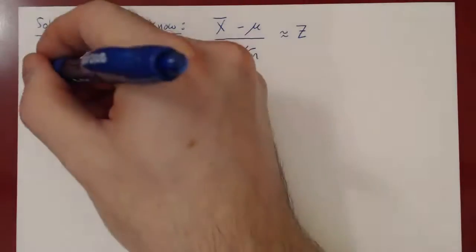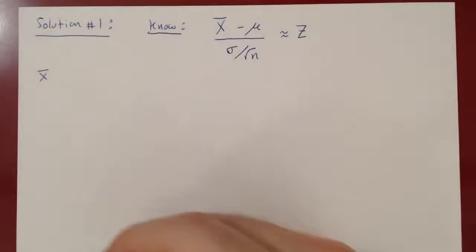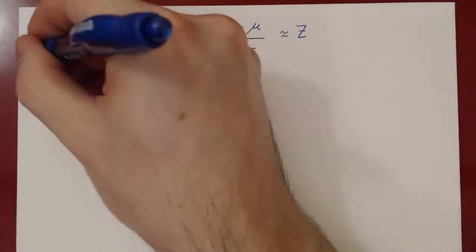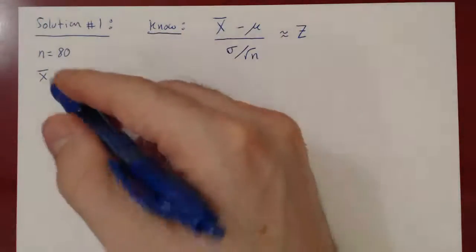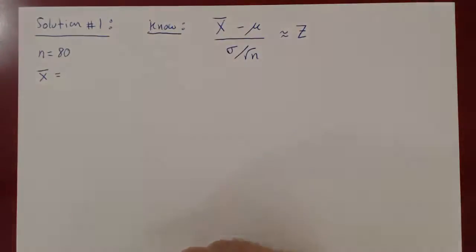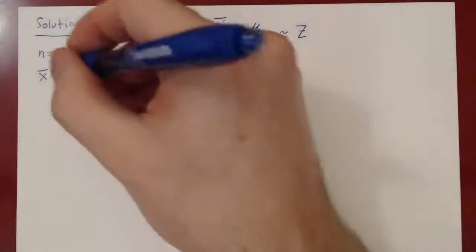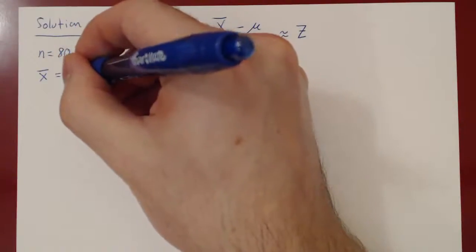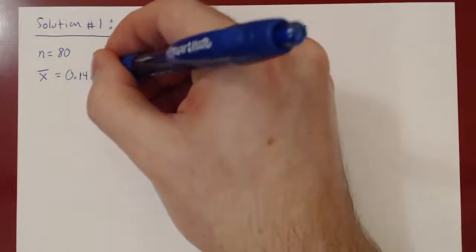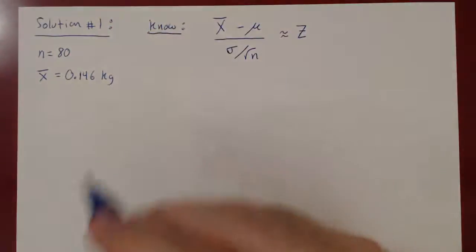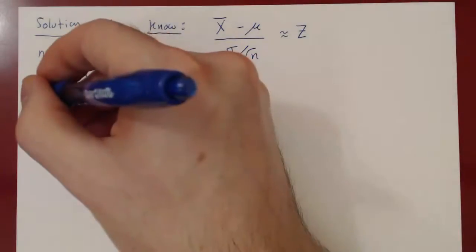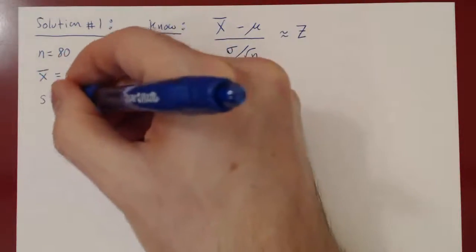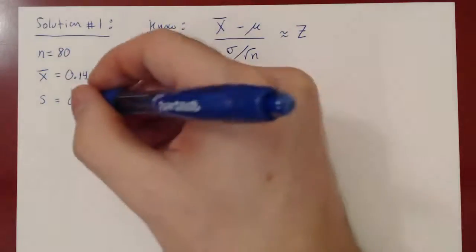From our sample of 80 apples, right, n is equal to 80, we sampled 80 apples. We found an average weight of 0.146 kilograms. And here's where we're going to cheat. We, from the sample, obtained a standard deviation of 0.02 kilograms.